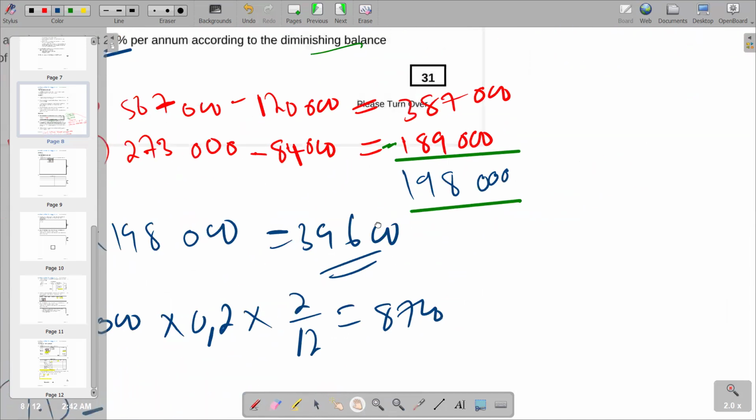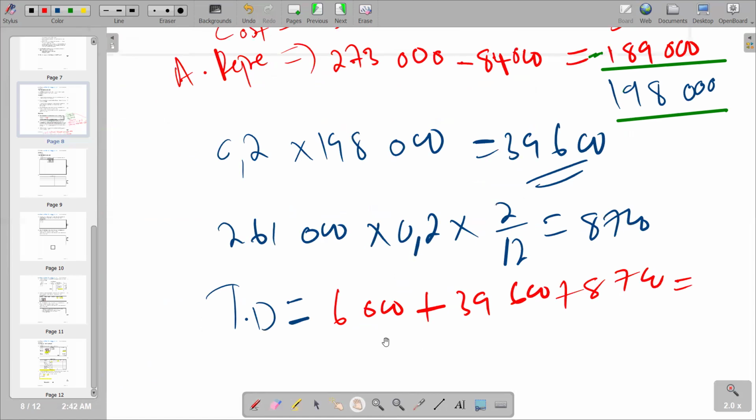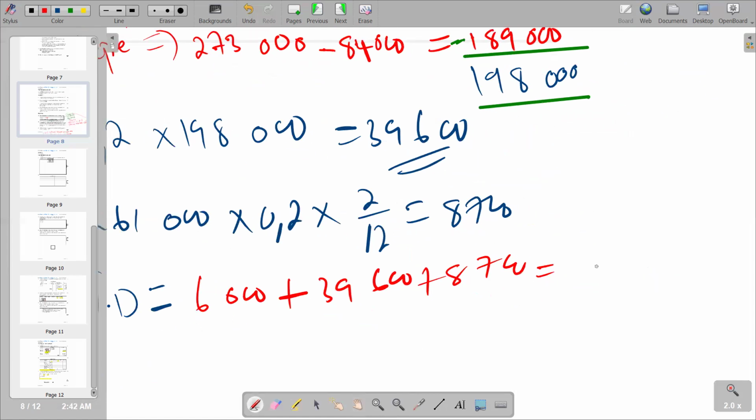Then we add 39,600, and then we add 8,700. And then the total that you're supposed to get there becomes the total depreciation that we have. So it's going to be 54,300. So basically that's what we have. This is what we have according to our calculations as the total depreciation. So we can now go on to the next part of the question.